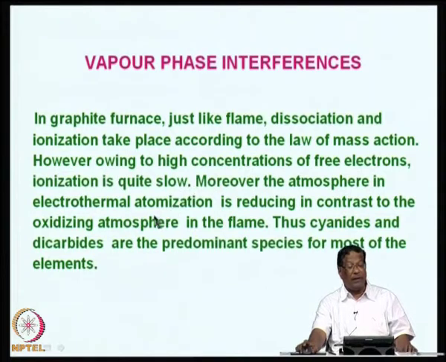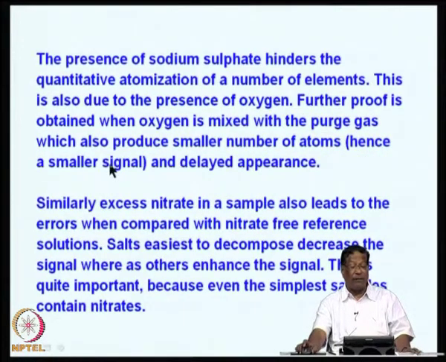Moreover, atmosphere in the electrothermal atomization is basically reducing atmosphere in contrast to the oxidizing atmosphere in the flame. This is the difference. So, cyanides, dicarbides etc., are the predominant species for graphite furnace.